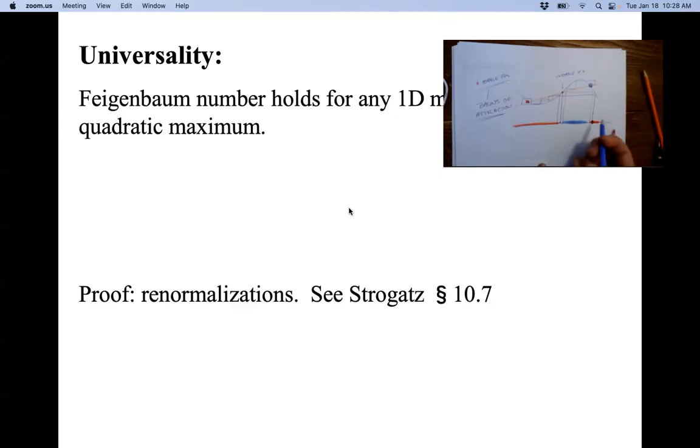So this blue goes up to here. And it goes right up to there. And this red goes right up to there. So if I were to magnify this out, there's the red comes up like this. And the blue comes up like this. And they don't quite touch because there's a point in the middle right here, which is not in the basin of attraction of either of those fixed points.